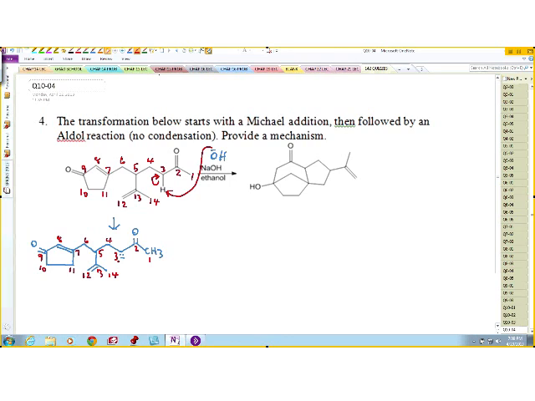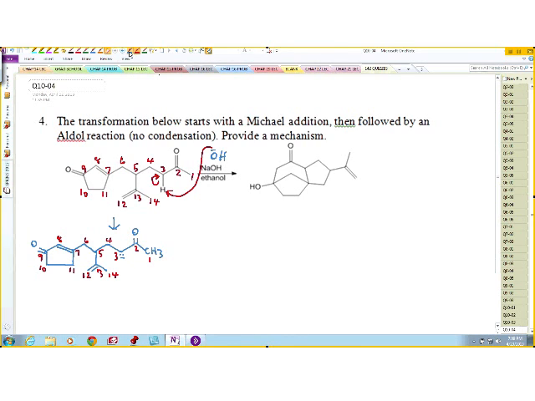Now, the enolate anion will attack what carbon here? Okay, because this is a Michael addition. Okay, carbon 7, you have the alpha beta unsaturated carbonyl right here. This is the alpha position, and this is the beta position.